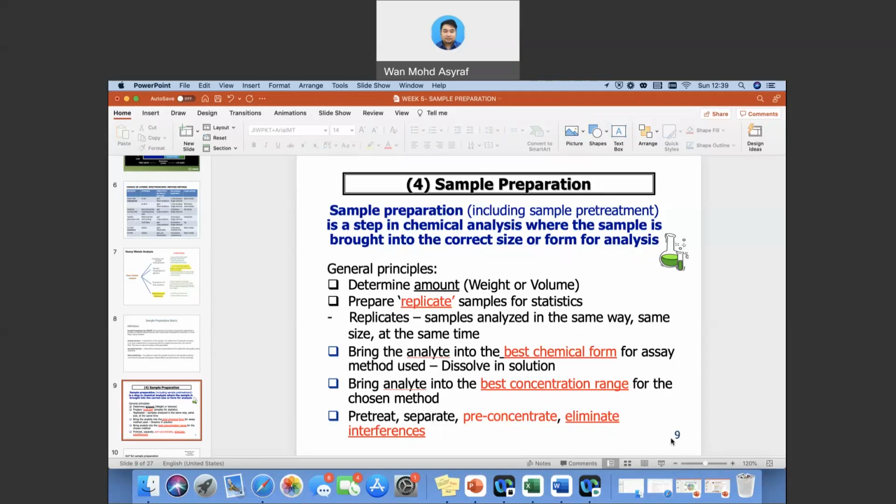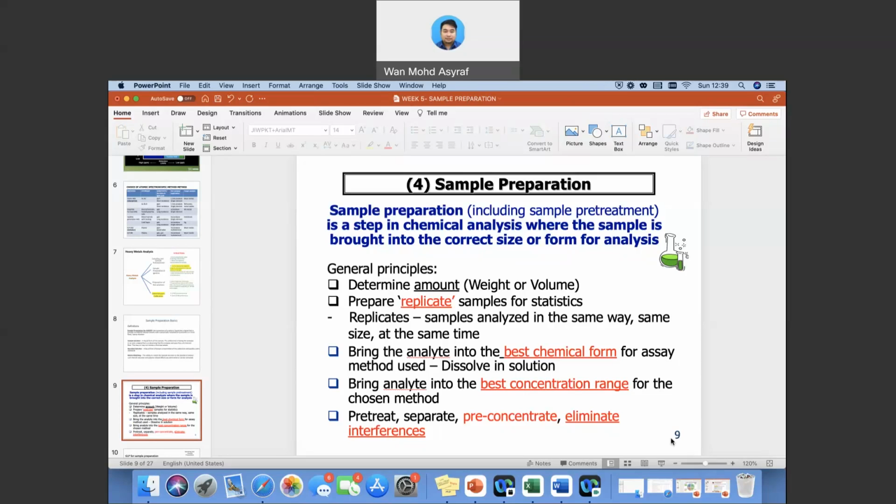When you have it at ppb level, part per billion, you can always increase the concentration. There is a way of doing that for it to become part per million. We call it pre-concentration. And when you have part per million, you can use flame AAS. So that's why I said the best concentration range.